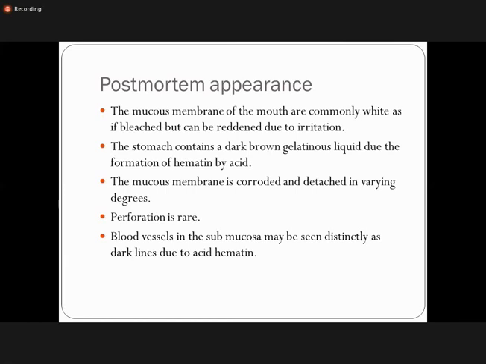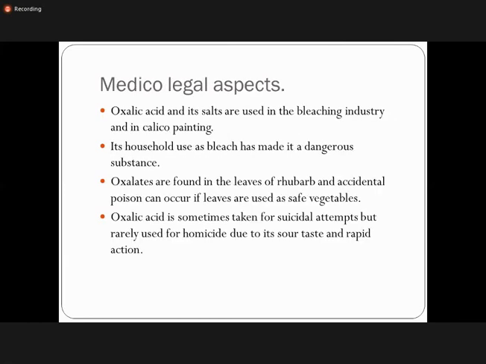Perforation is rare. For the medicolegal part, it's mainly used in the bleaching industry. Oxalic acid is used in bleaching, so it can be possible that there might be some accidental poisoning, right? Oxalates are naturally found in a plant called rhubarb, and if someone ingests that plant, accidentally obviously, they can get exposed to lethal amounts of oxalate.